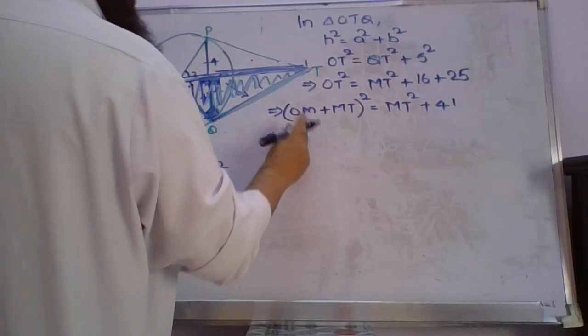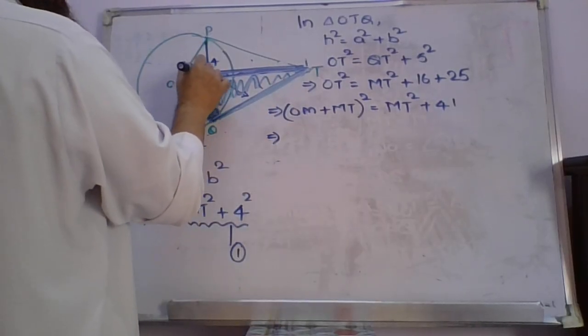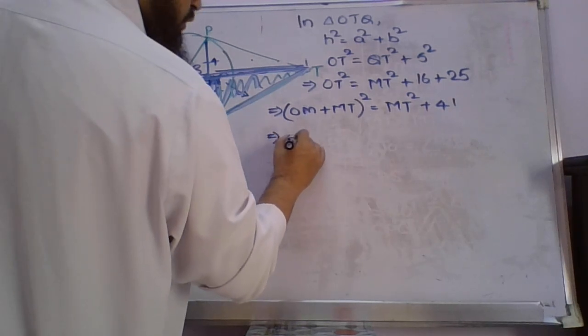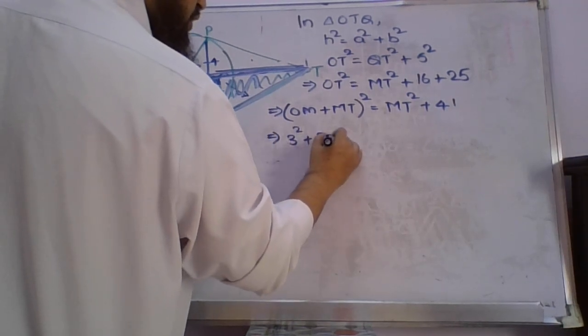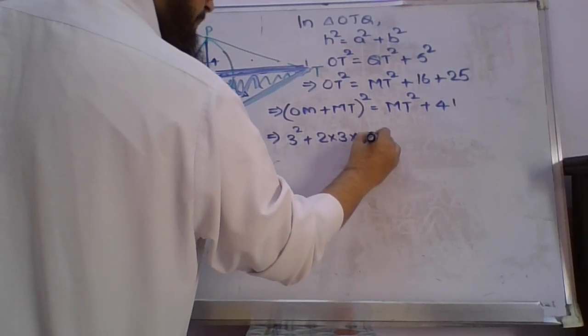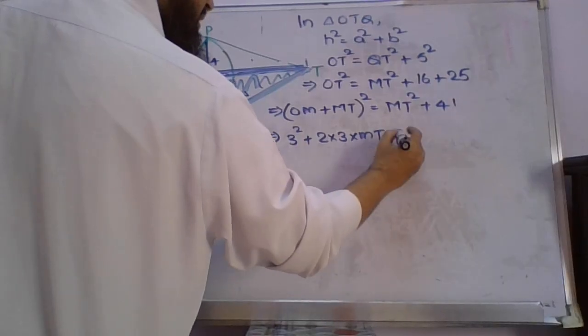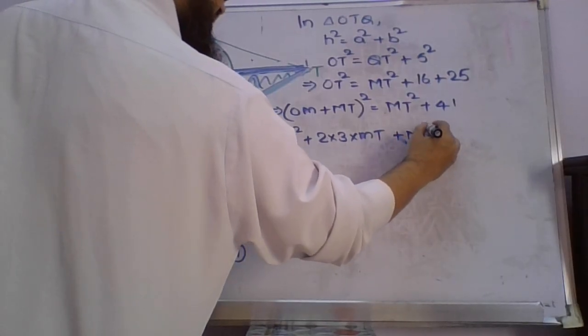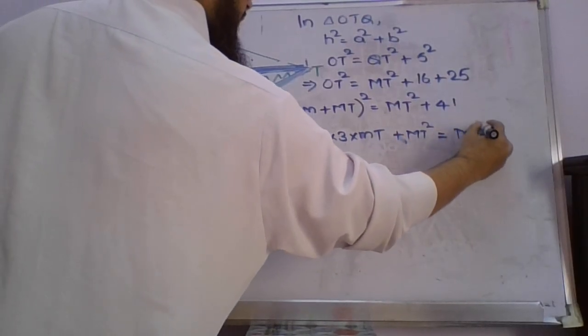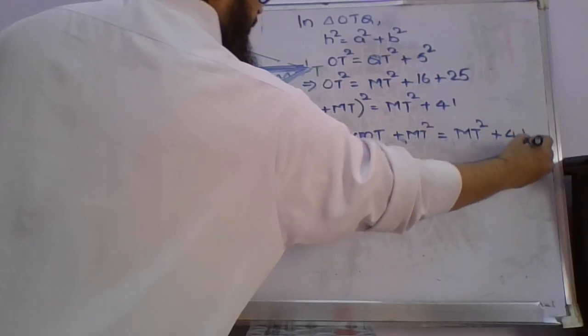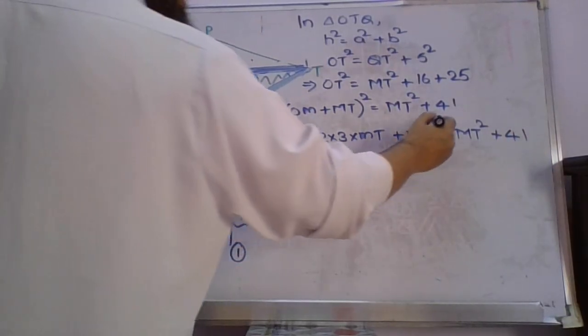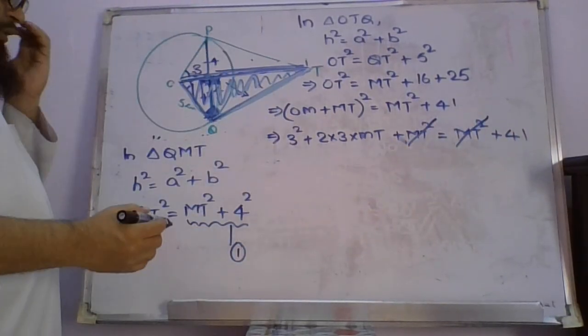That implies, now what is OM? We already got, this is 3. So therefore it is 3 square plus 2 into 3 into MT plus MT square, is equal to, on the right hand side, MT square plus 41. Both sides we have MT square, so can I cancel it? Okay.